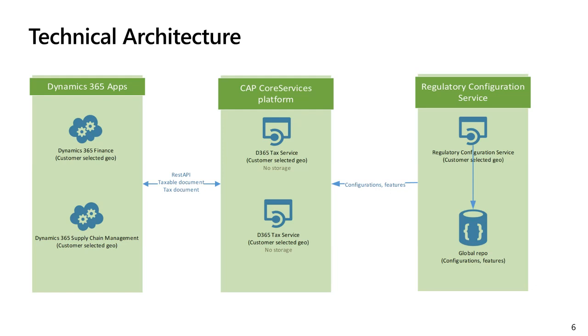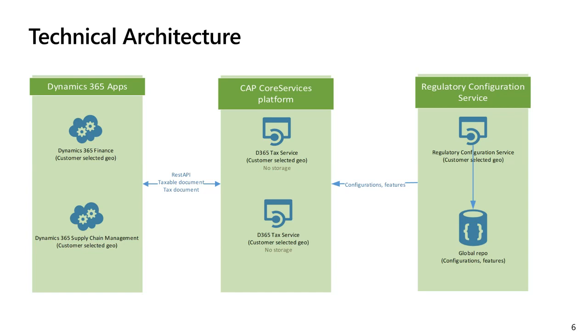Based on that, the second step is to create a feature inside the regulatory configuration service by utilizing the configuration either from Microsoft or your configuration derived from the Microsoft configuration. For the feature, the user will create rate and applicability rules to determine how tax will be calculated and what kind of tax code will be applicable for the transaction.